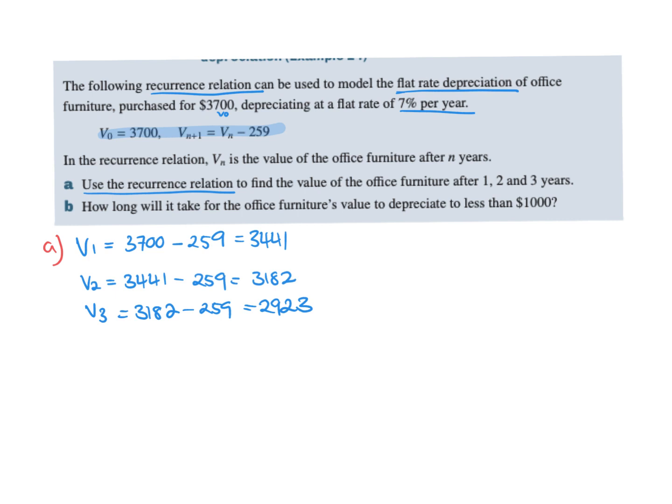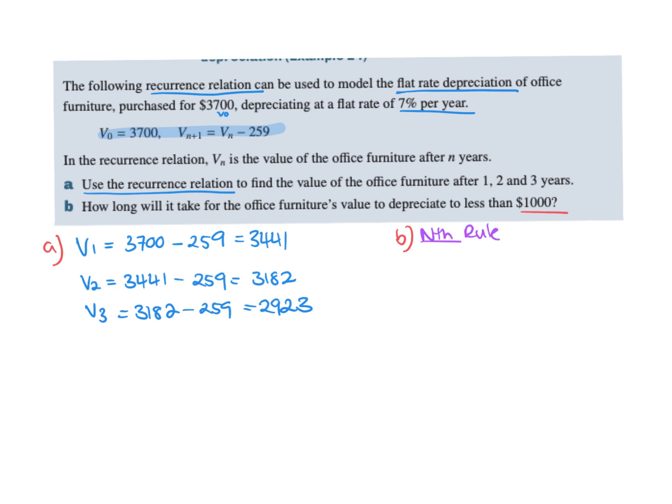Now, part B, it says how long will it take the furniture to depreciate to less than $1,000? So we want to know pretty much when it'll hit 1,000 and therefore be less than that. So here's another time where we might want to use the nth rule.